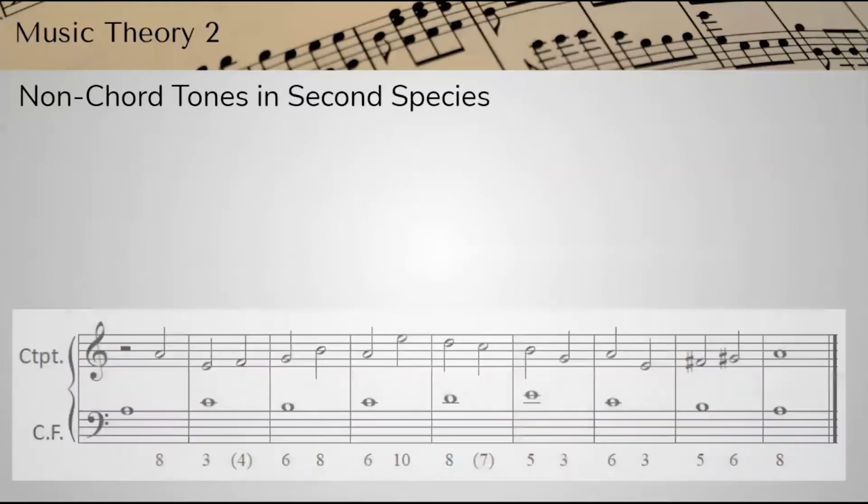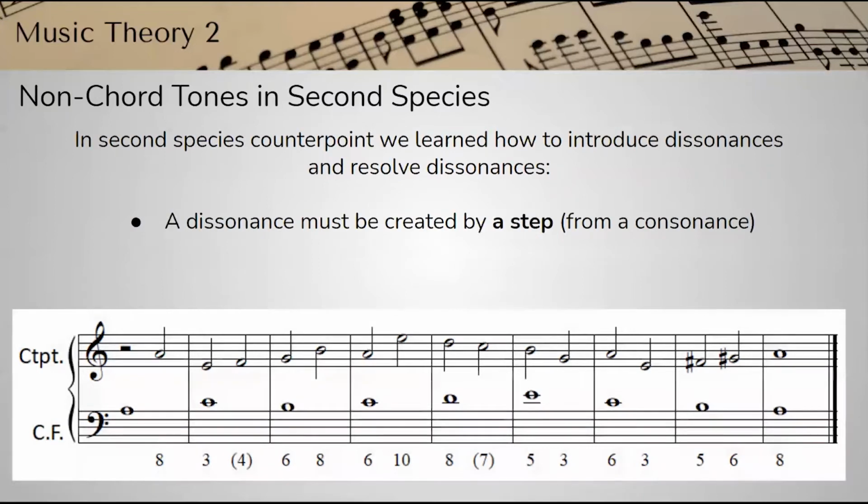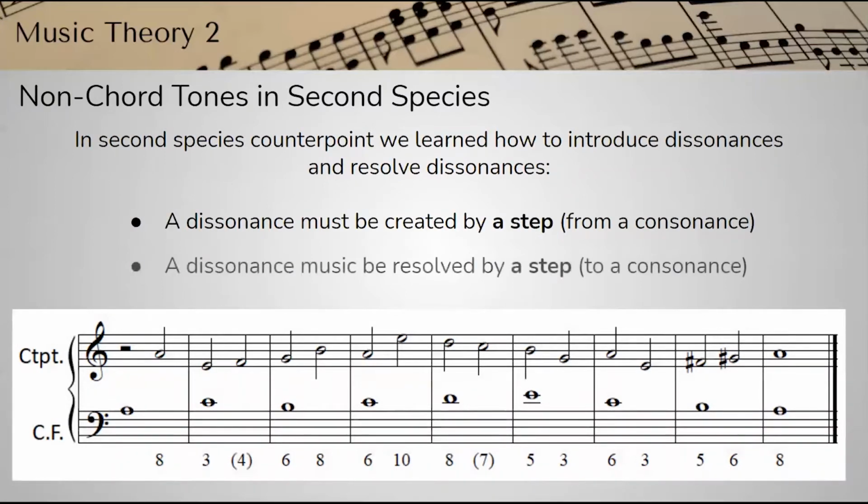So when we were doing second species counterpoint, for example, we were learning how to introduce dissonances and then resolve them. And so if you remember, a dissonance must be created by a step from a consonance, and then it must be resolved by a step to a consonance. So that was an example of a rule that we use to make these dissonances sound like they belong, that they're not abrupt, right?